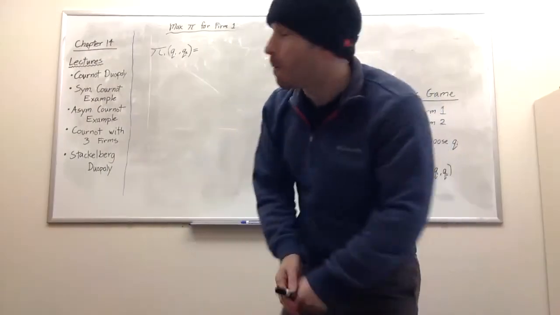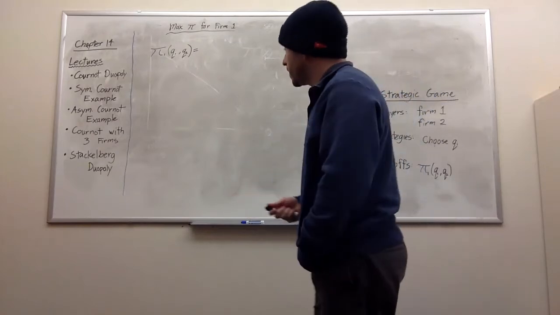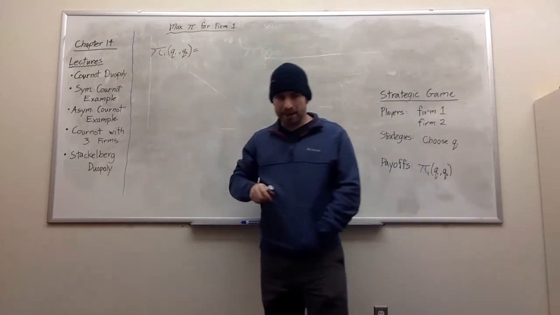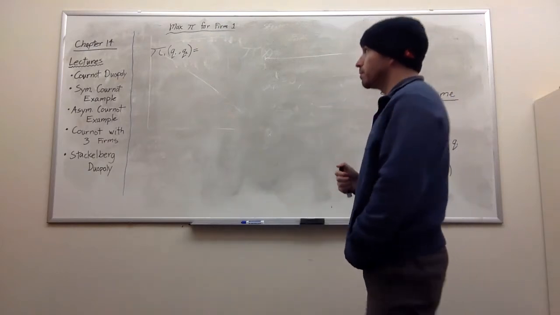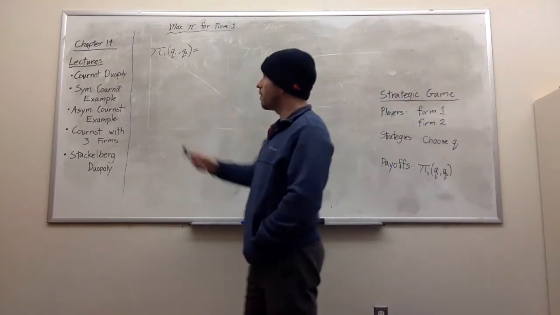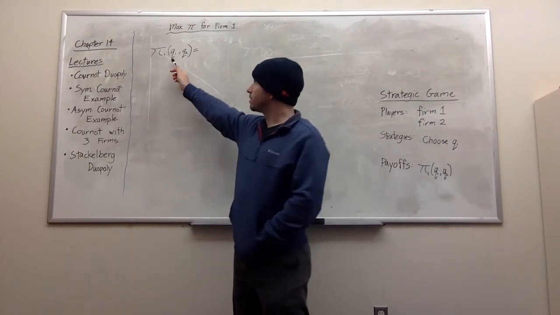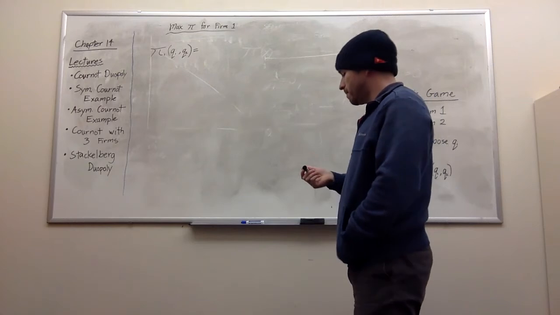Okay, so here we go. What are our players trying to do in this setting, right? Let's think about maximizing profit for just one of the two firms in this duopoly setting. So firm one wants to maximize their profit, which we know is going to be a function of their own quantity and the quantity of their competitor, right?